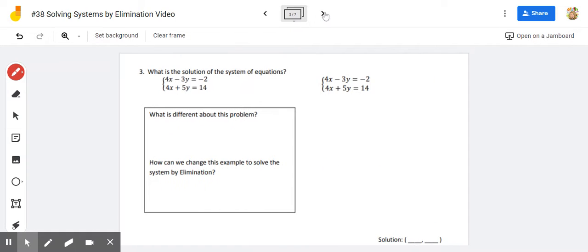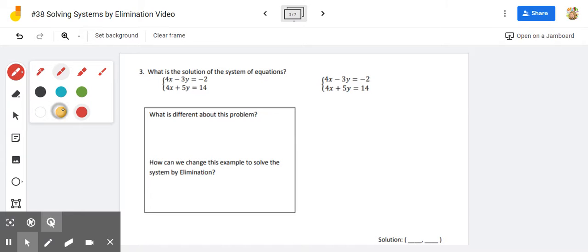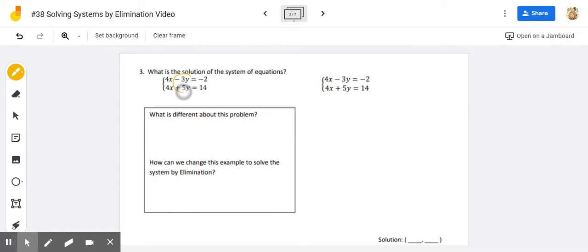All right. Now, I want you to take a look at number 3. This guy's a little bit different than all the others we've looked at. So what is different about this problem than all the others we've done? Well, I do see a positive-negative pair in the y's, but I don't see the same number.